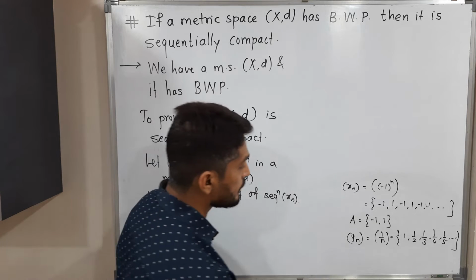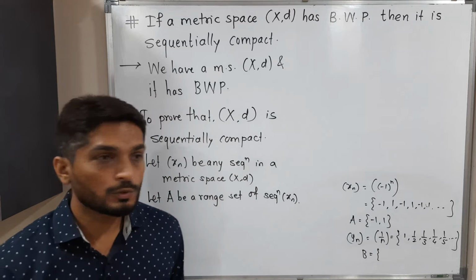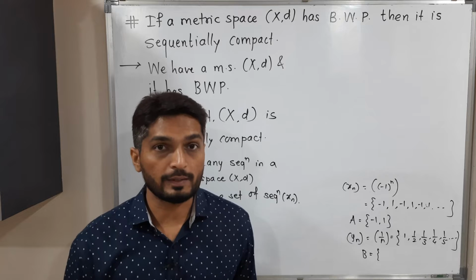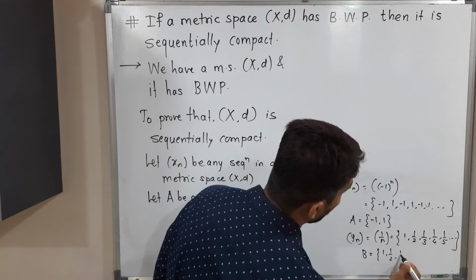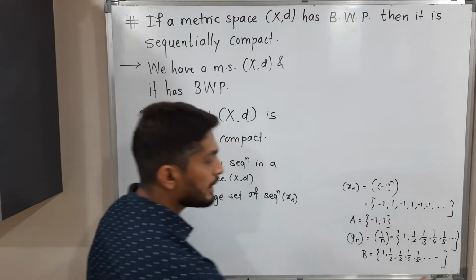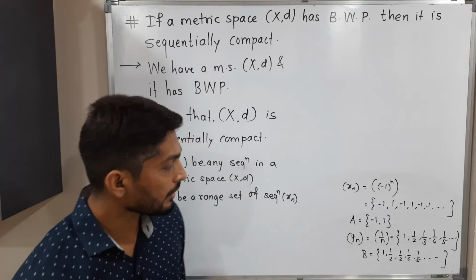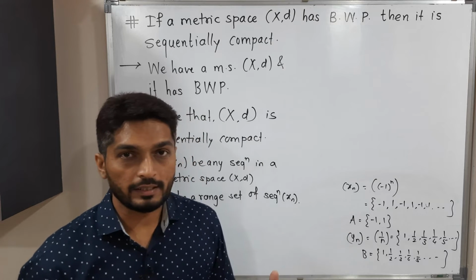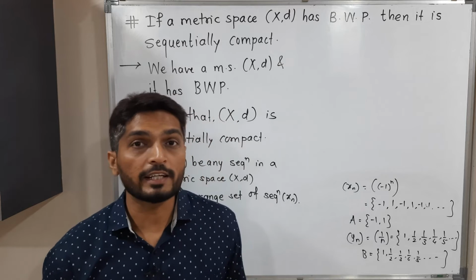I am denoting the range set of this sequence by B. We can easily observe that no term repeats itself in this sequence, so the range set will be all the terms 1, 1 by 2, 1 by 3, 1 by 4, 1 by 5 and so on. In the first example we got a range set having only 2 elements, but in the second example we got a range set having infinitely many elements.